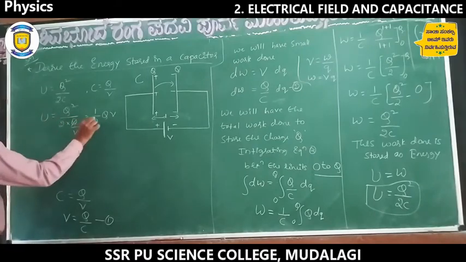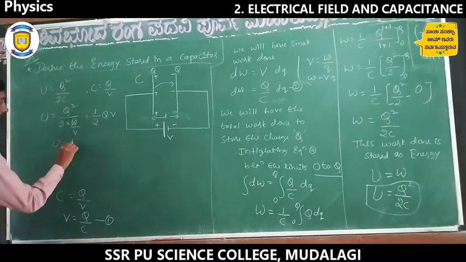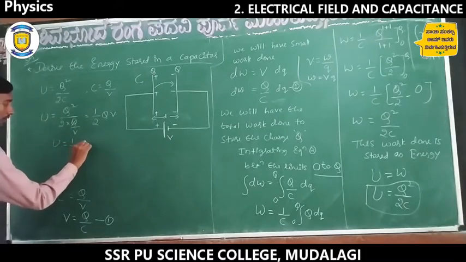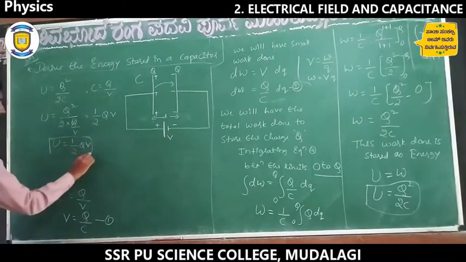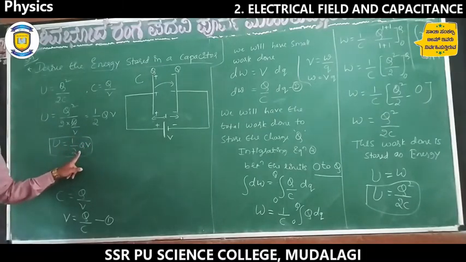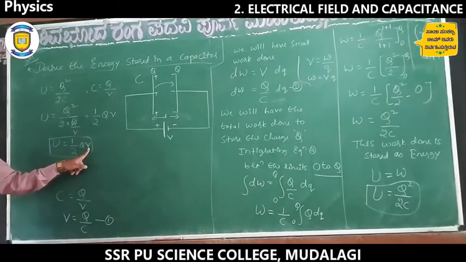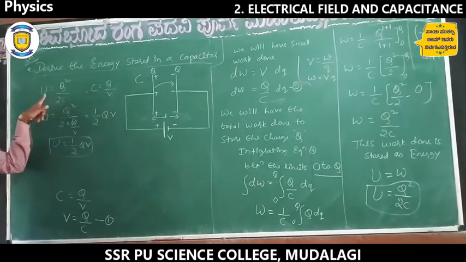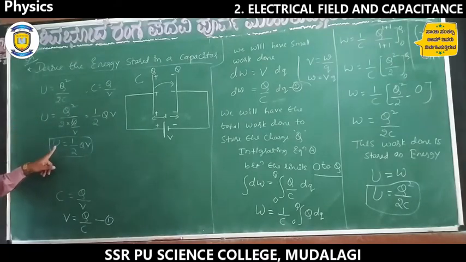This is also one of the important relations between Q and V. Q means charge stored and V means the potential difference. So it is also one derivation. If we substitute V as Q by C, then Q square by 2C comes.